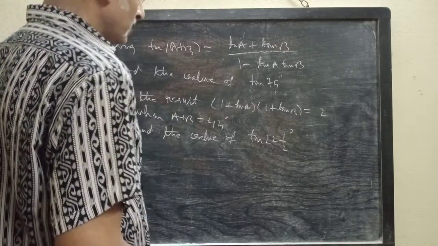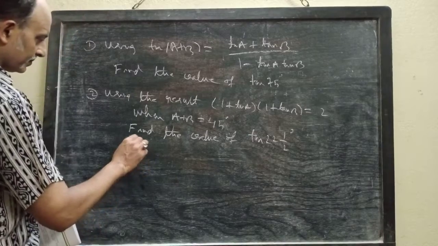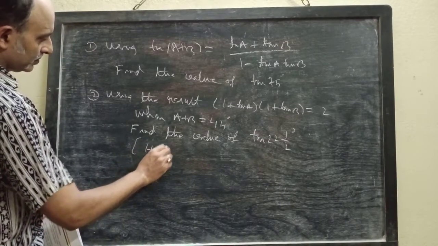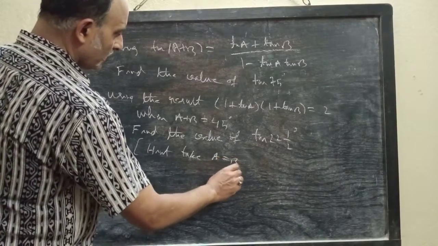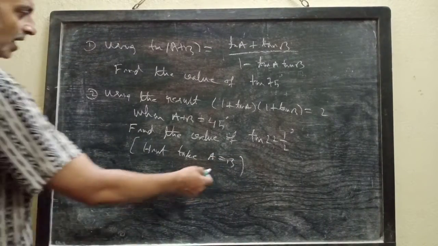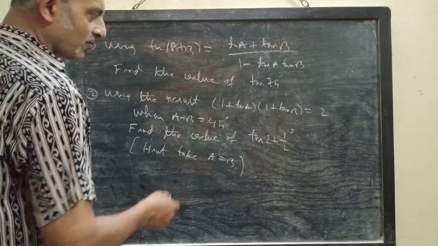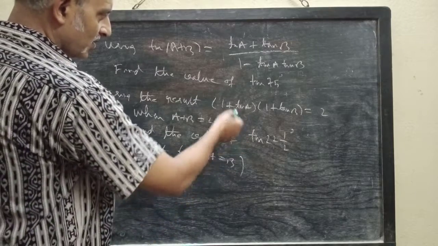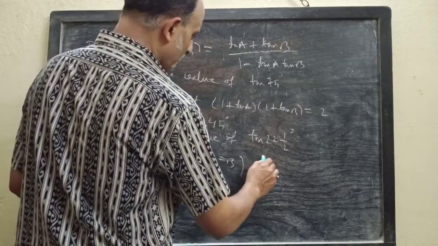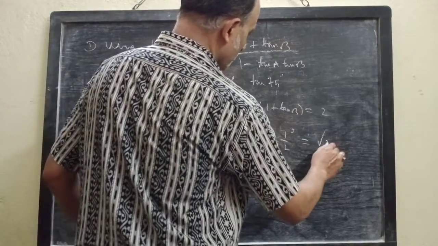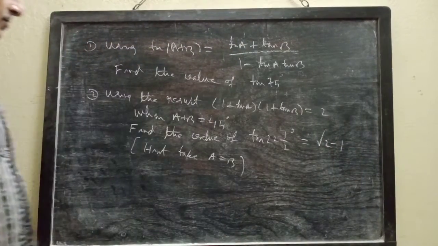Okay, that's a hint. Take A equals B, because then A and B both become 22.5 degree. Just put here, this will become 1 plus tan A whole square equals 2. So ultimately you get the value of this will be root 2 minus 1. Okay.